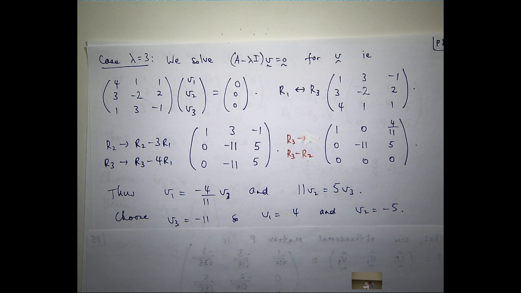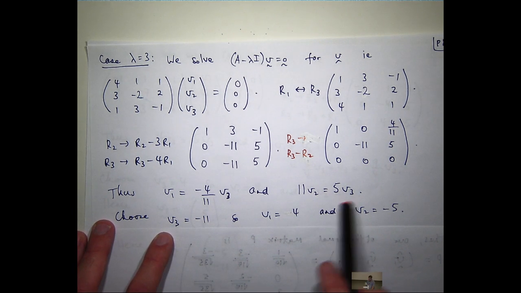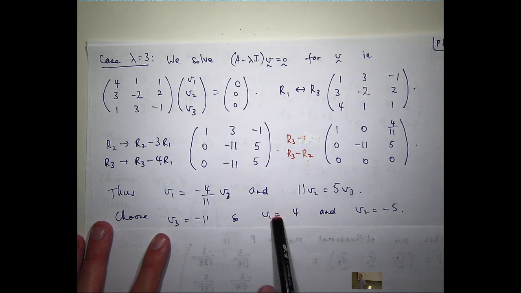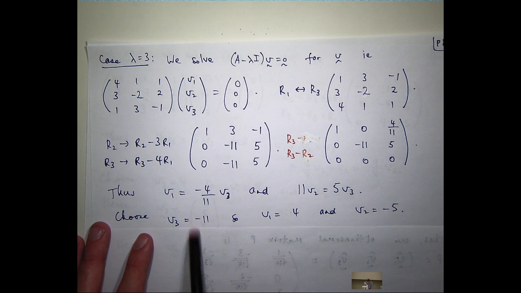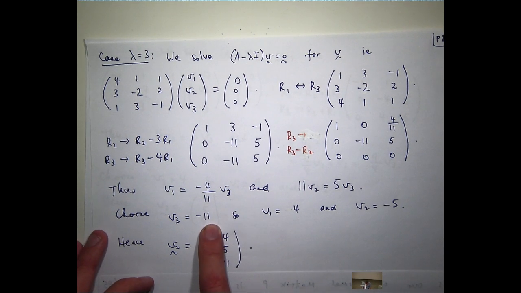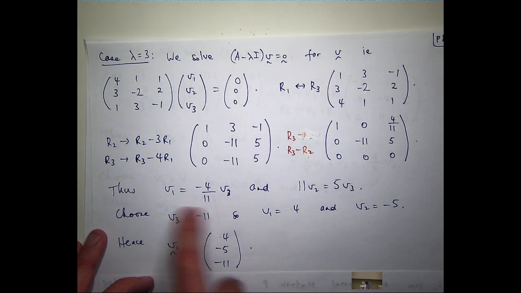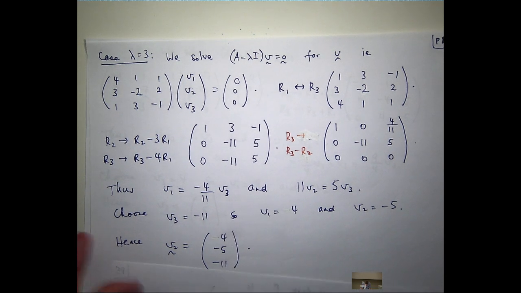Well, if I choose V3 to be minus 11, then I get whole numbers for V1 and V2, so I can set up my eigenvector this way. Now, you could choose V3 to be 1, but you're going to get nasty fractions if you don't make a reasonable choice. It's easier to work with whole numbers rather than fractions.